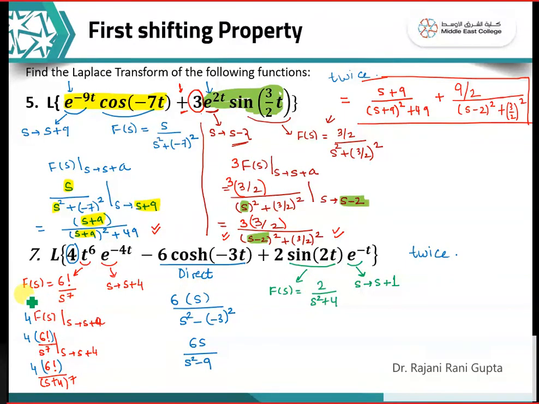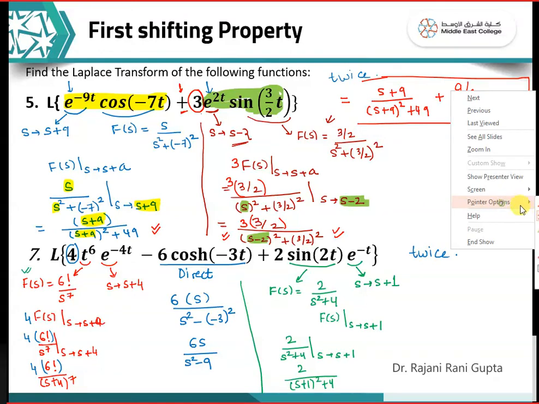Otherwise, you can work as we worked with the first term. So this gives you F(s), s goes to s plus 1. Writing it here gives you 2 over s square plus 4. S is changing to s plus 1. So 2 over (s plus 1) power 2 plus 4.